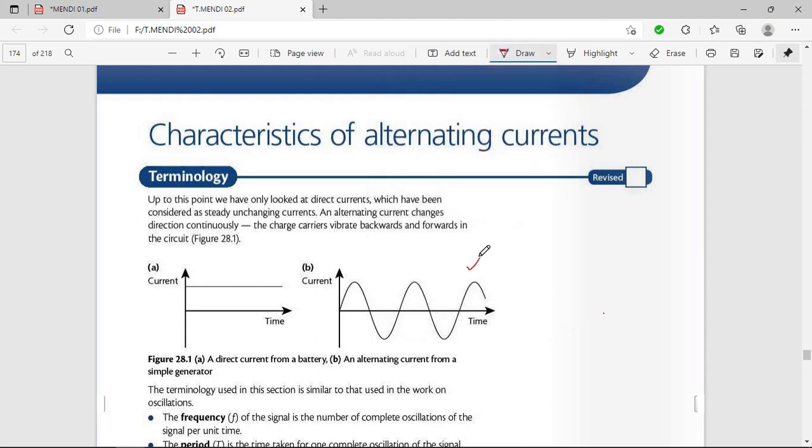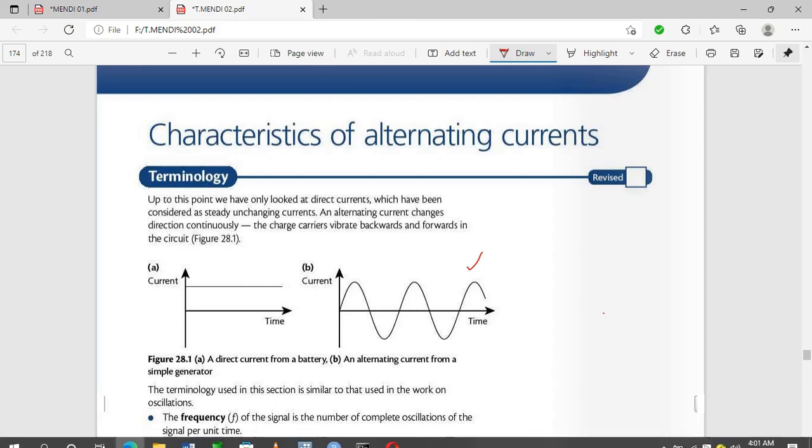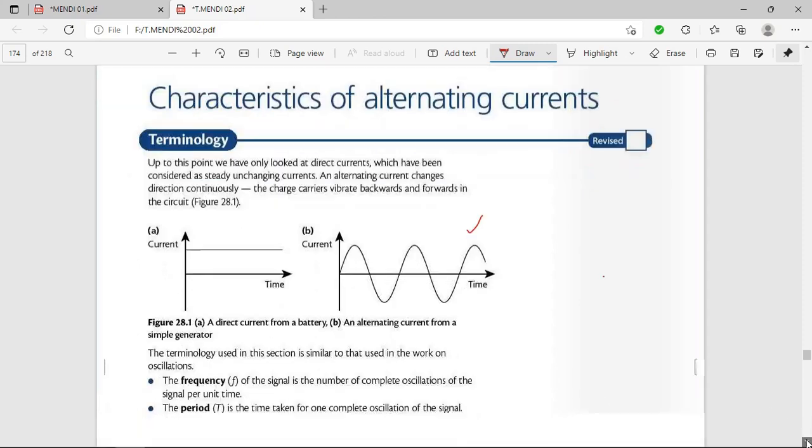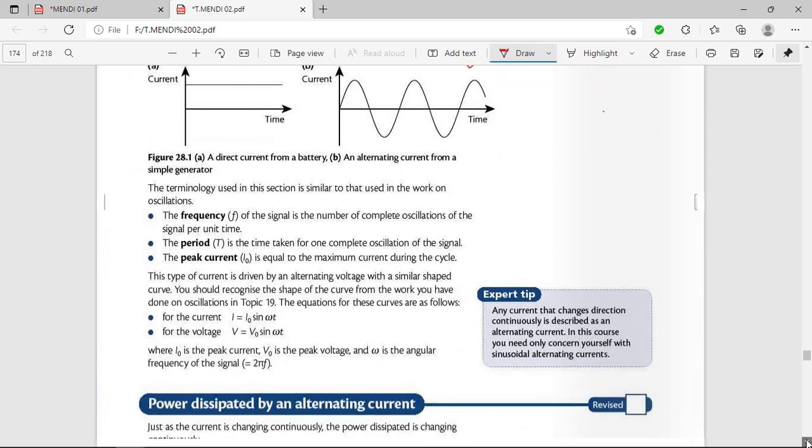This one is the graph for the alternating current. It's like a sine graph. That's why we say it's a sinusoidal graph. And this one is the graph for the direct current. It's only in one direction, in the positive direction. Alternating current changes from backwards to forwards.